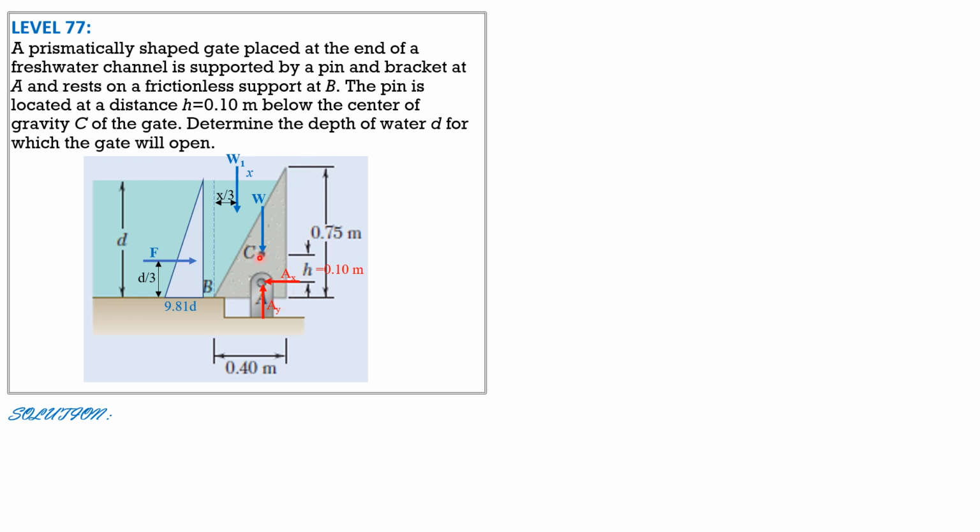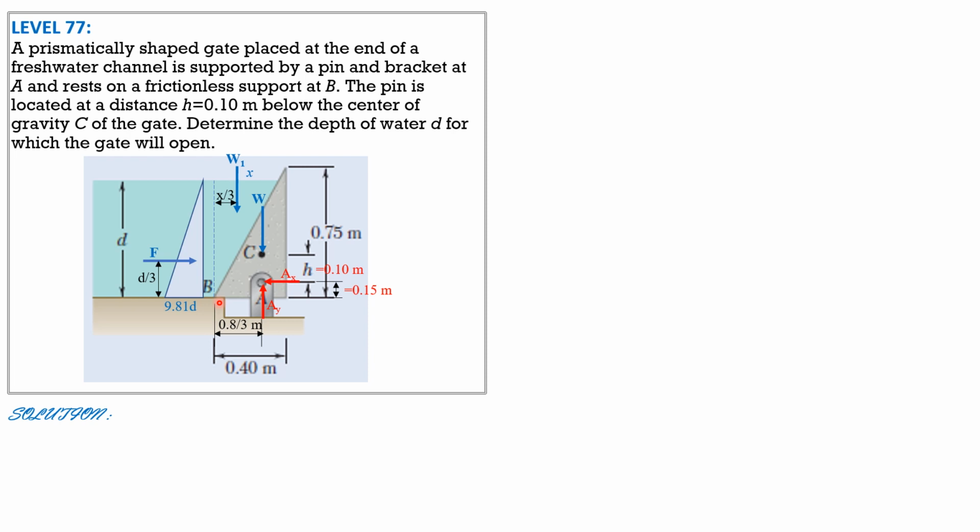So therefore the distance from C to the bottom is 0.25. Since h is given 0.1, therefore this is 0.15. This distance, on the other hand, is 2/3 of 0.4. 2/3 of 0.4 is 0.8 over 3.